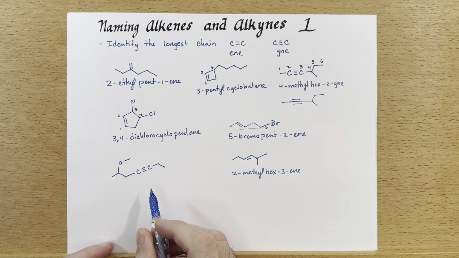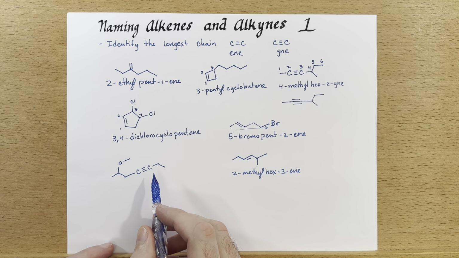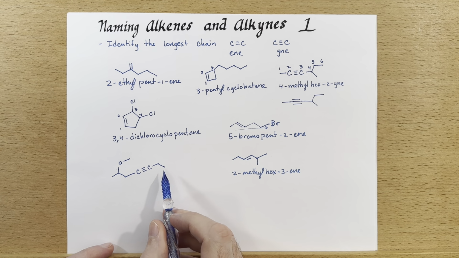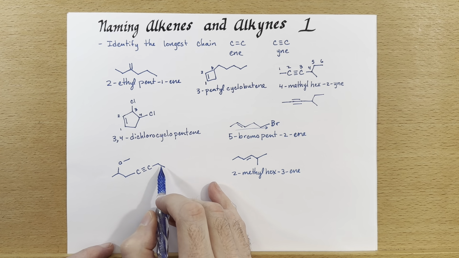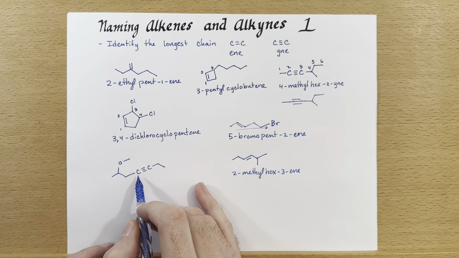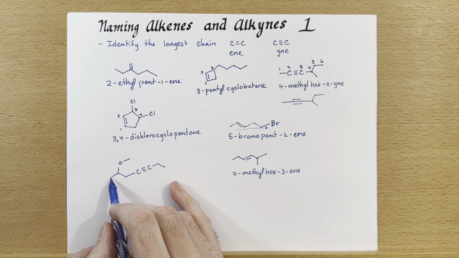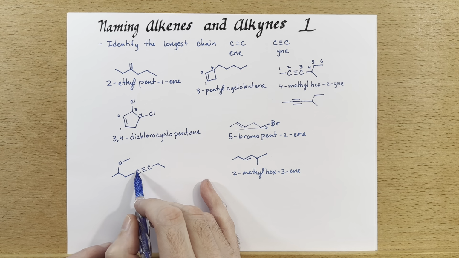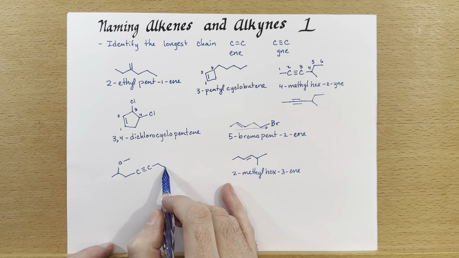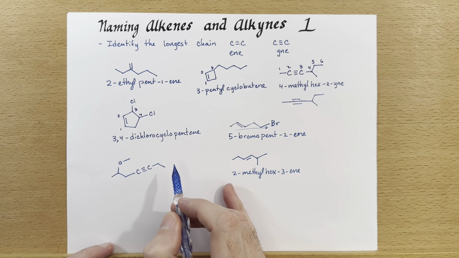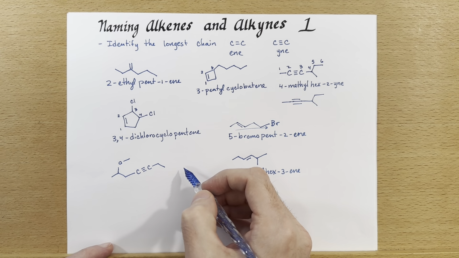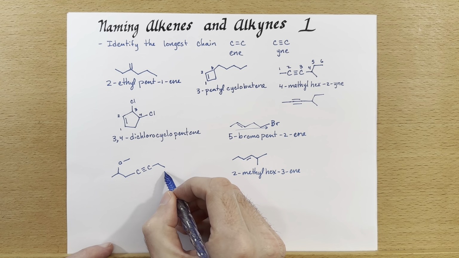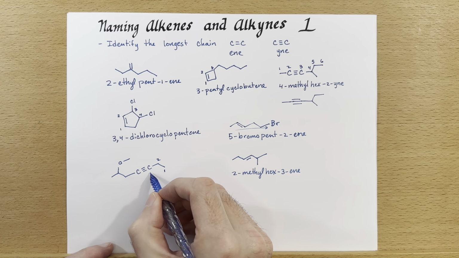Just like so. So this is an alkyne because we have a triple bond here. And we'll need to start counting so that the triple bond is encountered first. So if I start counting from here, 1, 2, 3, 4, that's on the 4th carbon. If I start counting from here, 1, 2, 3, that's lower, so we have to count in this direction.